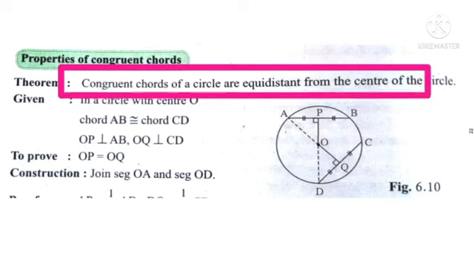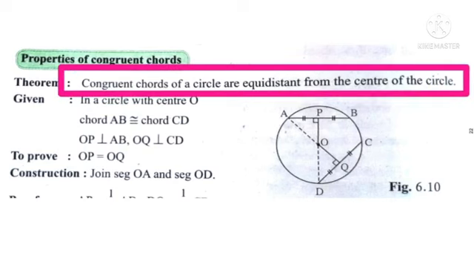Then next one is property. Congruent chords of a circle are equidistant from the center of the circle. बघा सर्कलचे दोन कॉर्ड्स जर कॉन्ग्रुएंट असतील, ए बी आणि सी डी इथं 2 कॉर्ड्स आहेत. हे जर कॉर्ड्स कॉन्ग्रुएंट असतील तर ते काय असणार आहेत, सेंटरपासून इक्विडिस्टन्सवर असतात. या सेंटरपासून ते काय असतात, इक्विडिस्टन्स असतात.